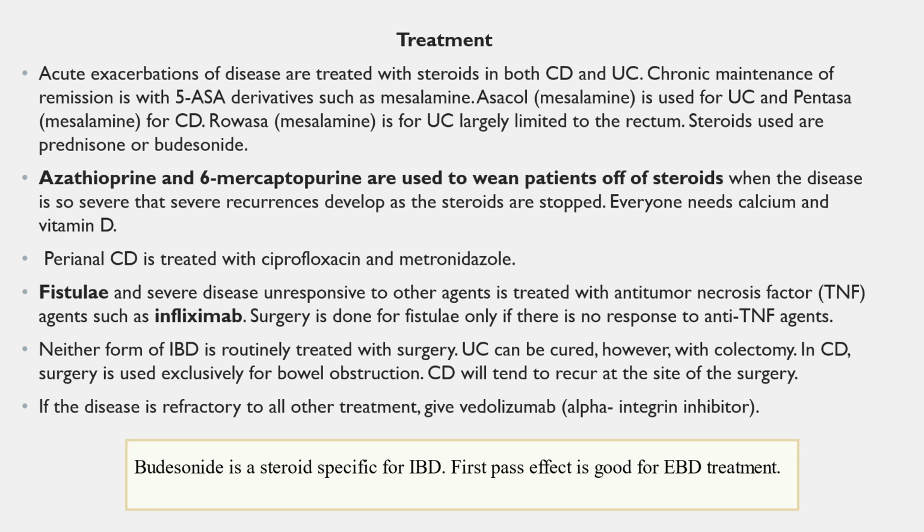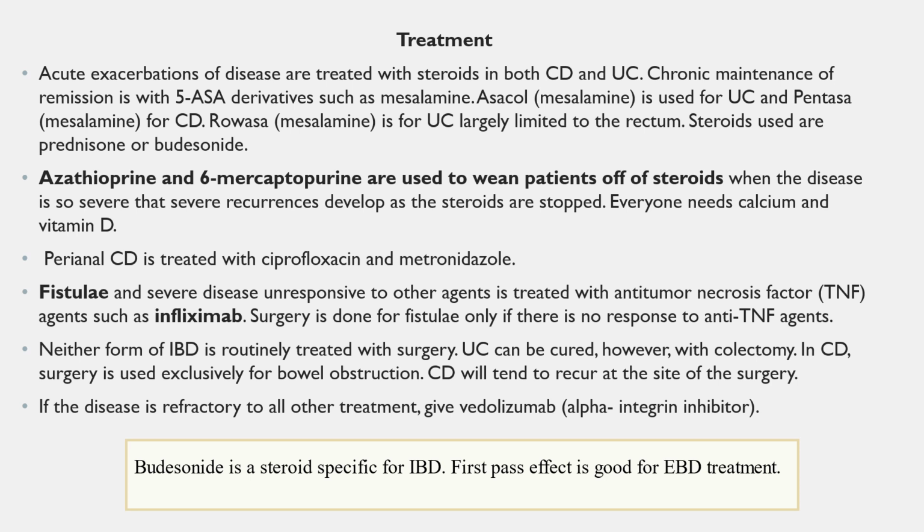Everyone needs calcium and vitamin D. We need to know that perianal CD is treated with Cipro or ciprofloxacin or metronidazole. Also, fistula and severe disease unresponsive to other agents are treated with TNF agents such as infliximab.